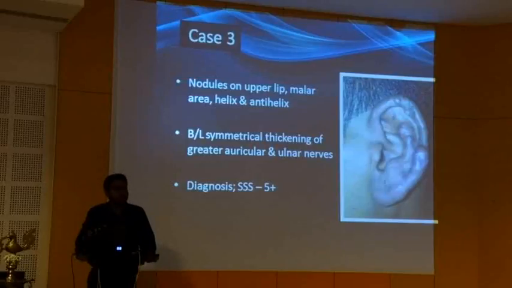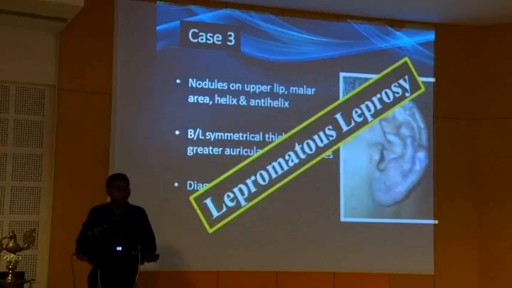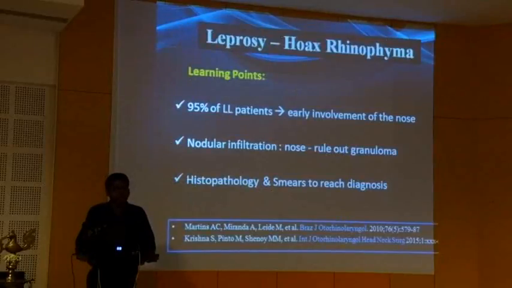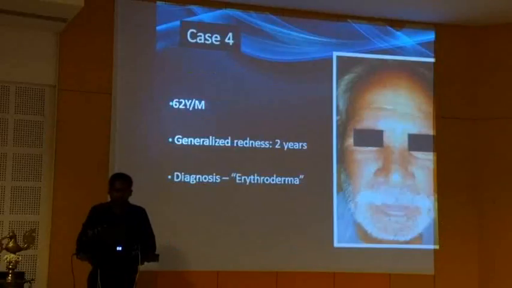On slit skin smear, there was a bacteriological index of 5+, which helped us conclude it to be a case of lepromatous leprosy. In 95% of patients of lepromatous leprosy, there's an early involvement of the nose. All granulomatous disorders, such as leprosy and sarcoidosis, should be ruled out in case of nodular infiltration of the nose.